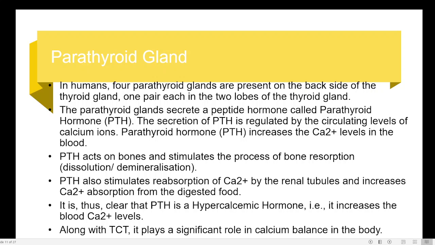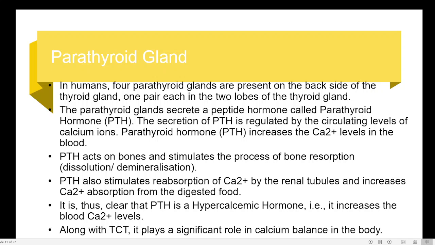How much calcium is present in your body will control the production level of parathyroid hormone. Parathyroid hormone increases the calcium level in the blood. So if PTH is secreted by the parathyroid, that will increase the level of calcium ions in your blood. PTH also acts on bone and stimulates the process of bone resorption, or demineralization, where the bone may disintegrate.